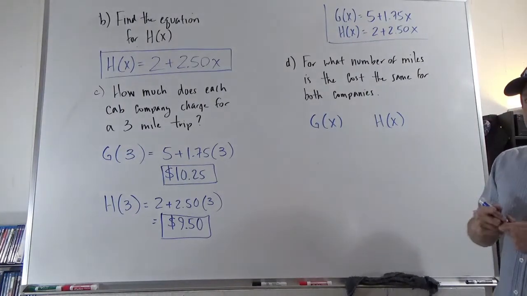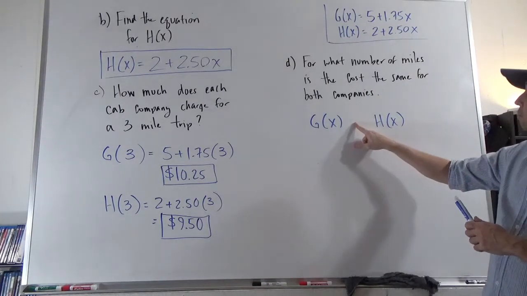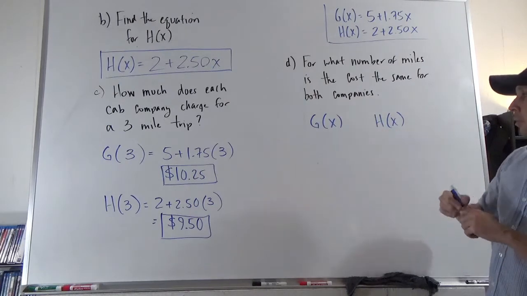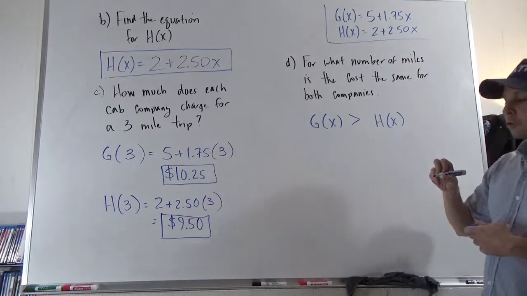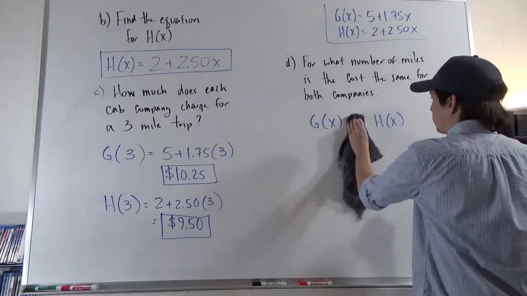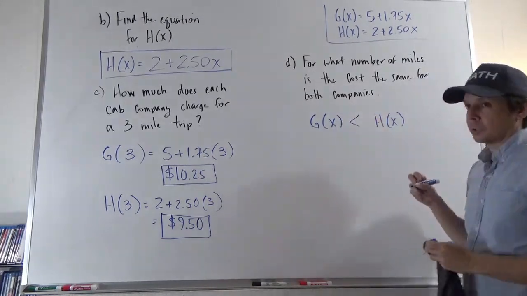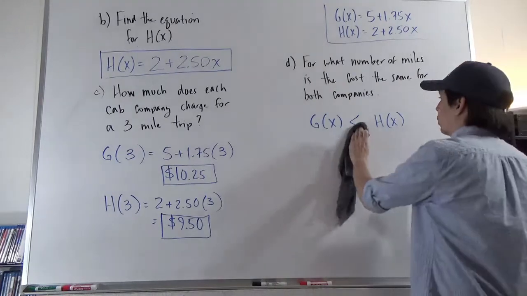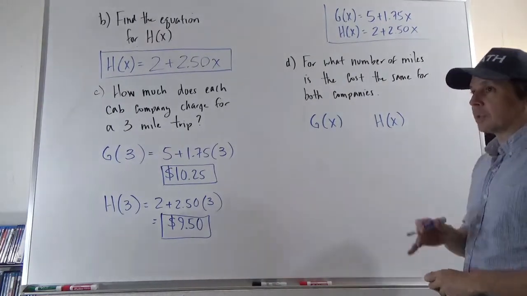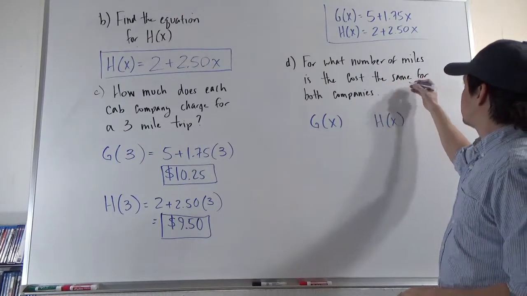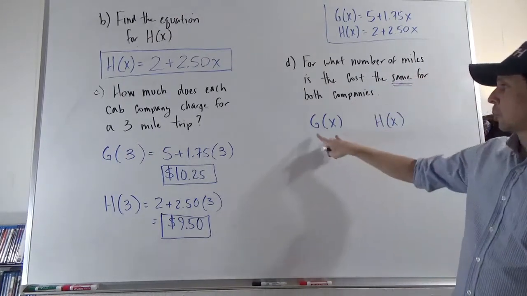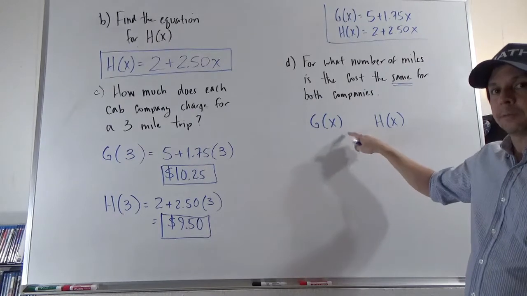And I want a symbol here. Sometimes later on you want Gary's to be more expensive or Harry's to be cheaper. Other times you want Gary's to be cheaper, so you can put an inequality there to capture that idea. We are going to get to that in literally 10 minutes, but for now, let's just get used to the idea that we want them to be the same. And so we want g of x and h of x to be equal.